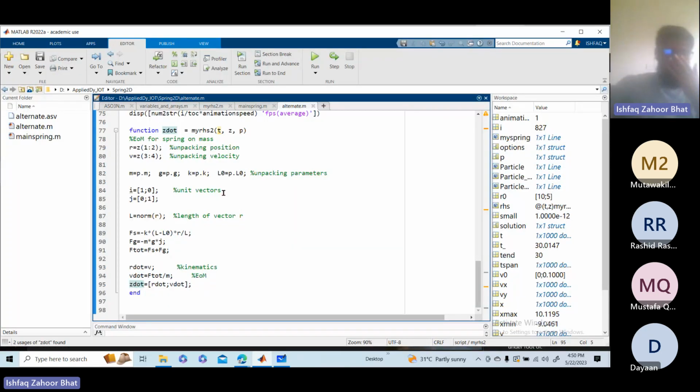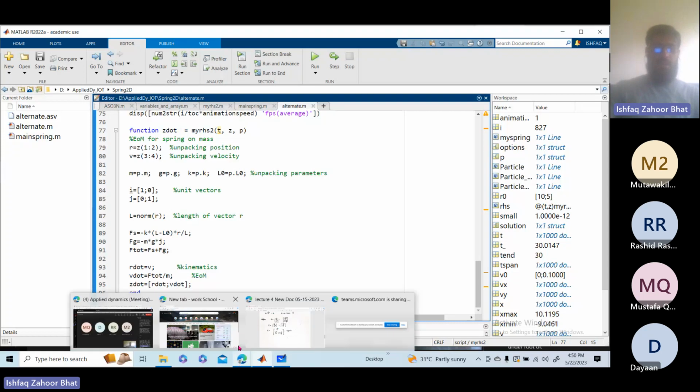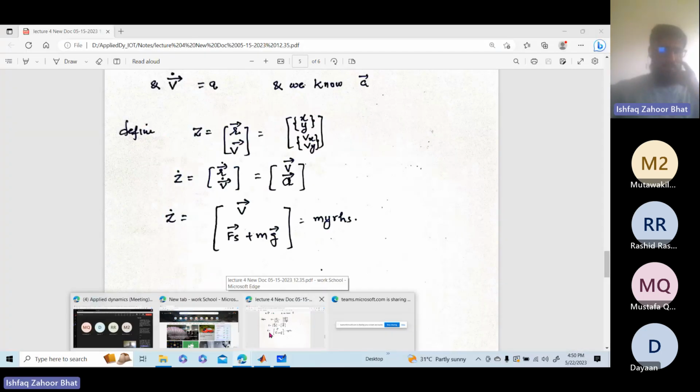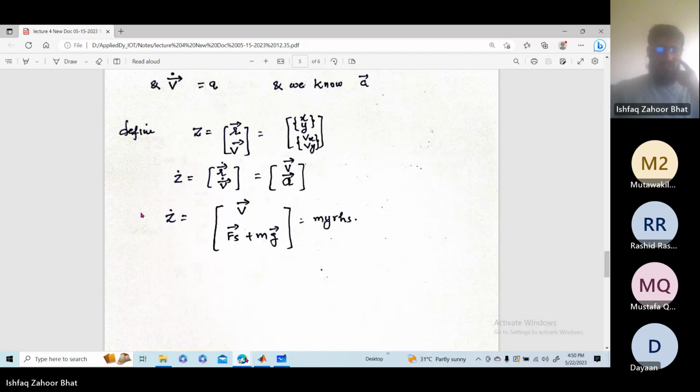So I was saying that the basic purpose of this function is to get z dot. That is why I have written z dot equal to. By this function, I am calculating z dot, nothing else.